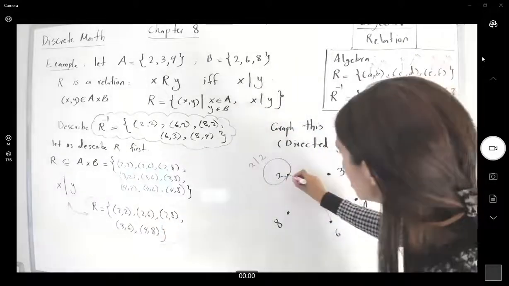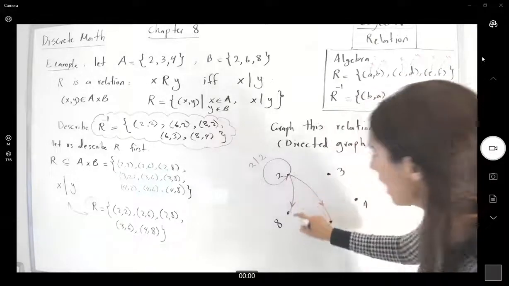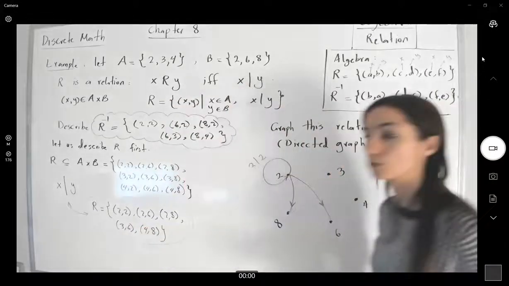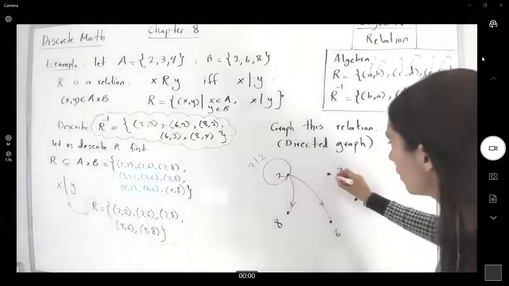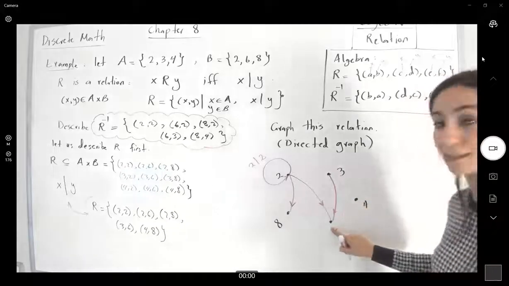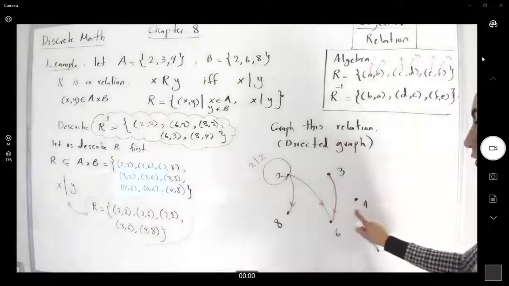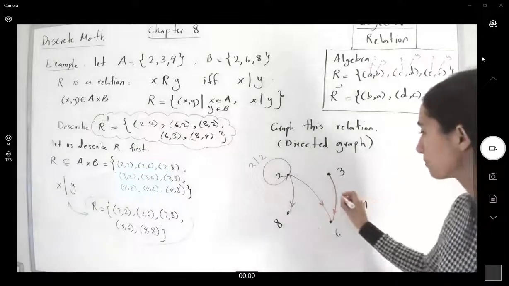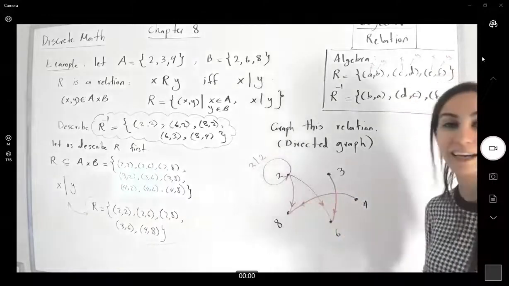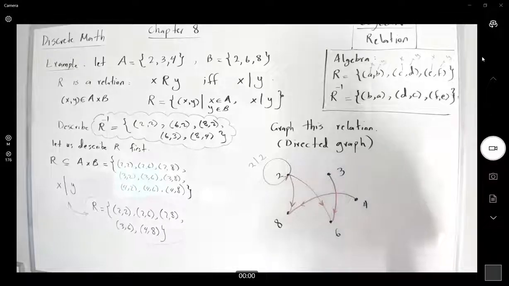Well, okay, 2 is related to 8, an arrow coming from 2 and ending at 8. 3 is connected to 6. Okay, an arrow coming from 3 and stops at 6. What else we have? 4 and 8. 4 is connected to 8. An arrow coming from 4 and lands in 8. This is called the directed graph.